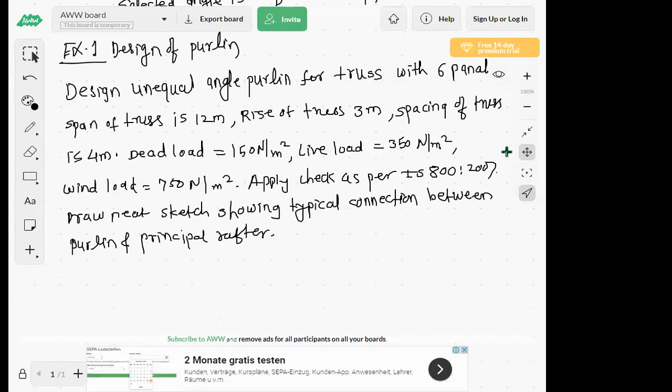So this is the problem statement and given data.